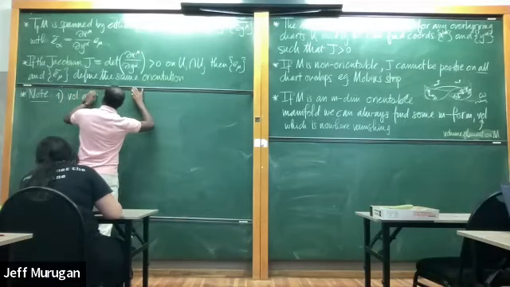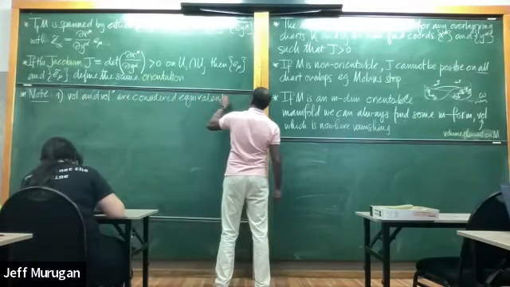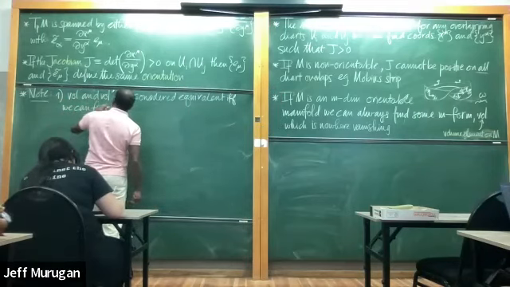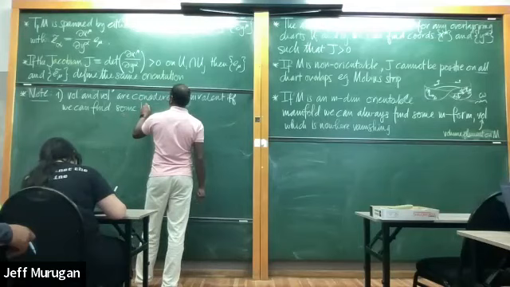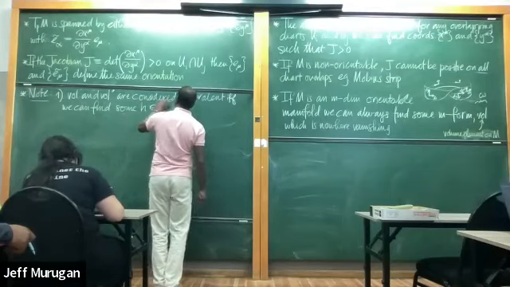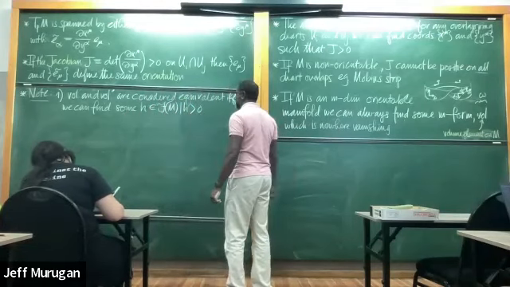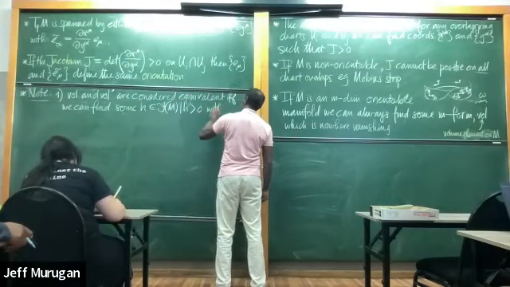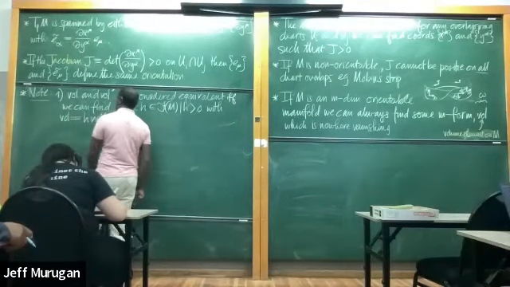So vol and vol prime are considered equivalent if we can find some h in the set of functions on the manifold that is greater than 0, strictly greater than 0, with vol equal to h times vol prime.